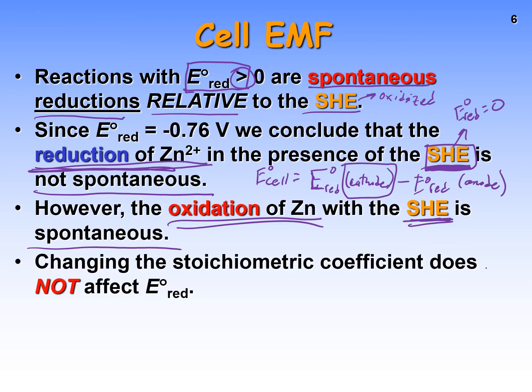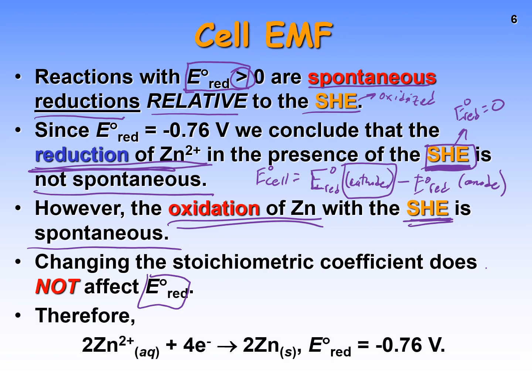One important thing about standard reduction potentials that we need to talk about is that stoichiometric coefficients do not affect the reduction potential. In other words, if I multiply this guy by 2, I still have the same reduction potential.